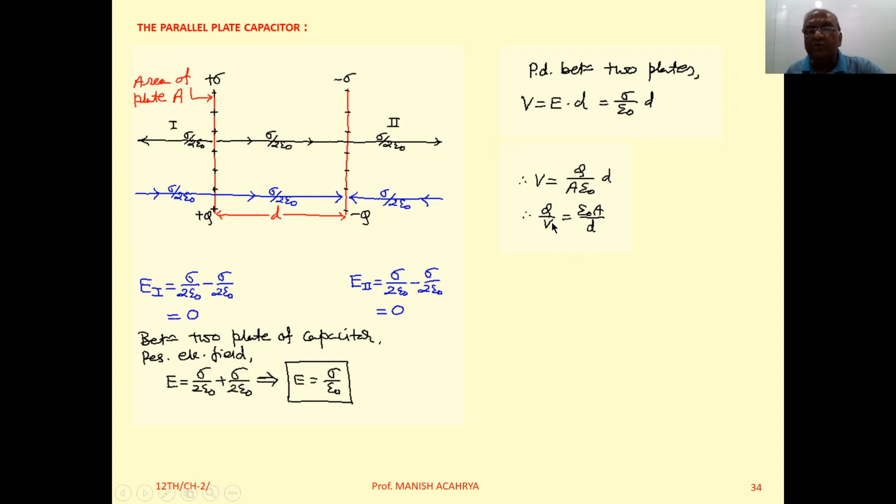But Q by V is called the capacitance of the capacitor. So we can write the capacitance of a parallel plate capacitor is epsilon 0 A by d, where A is the area of the plate, and d is the separation between those two plates. Clear to all of you?